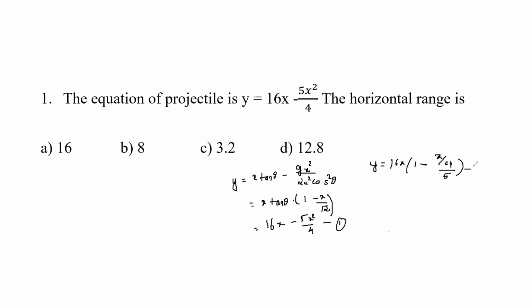Okay, this is equation 2. Therefore, r is equal to 64 divided by 5, and by calculation we get the value of r as 12.8 meters.